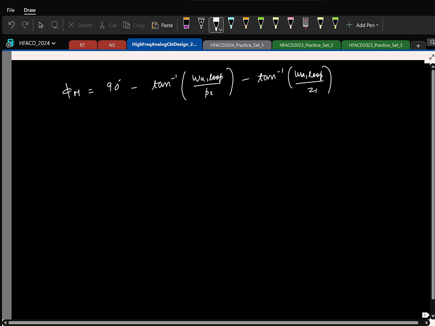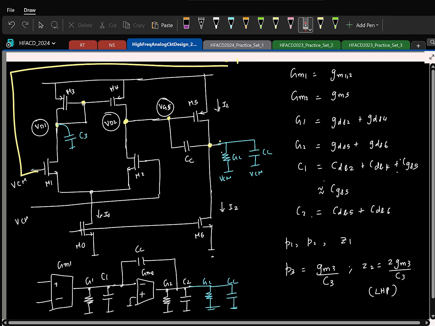But now, because of the presence of this additional pole, you will have some degradation in the phase. But typically it might be okay because this is immediately followed by a 0 at twice that frequency. It won't be that significant, first of all.